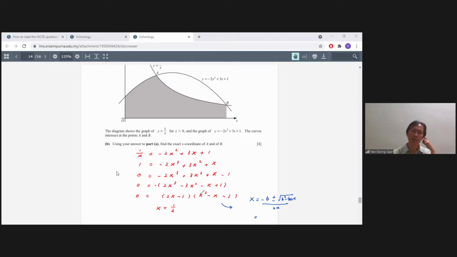Sub the value inside and simplify. b is negative 1, so it becomes 1. b, negative 1 squared is still 1, minus 4ac.